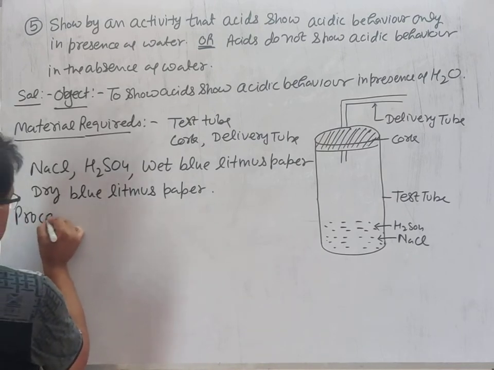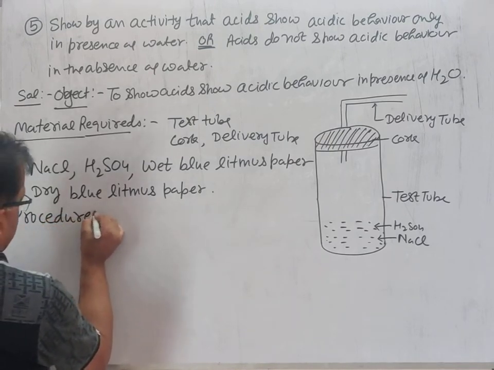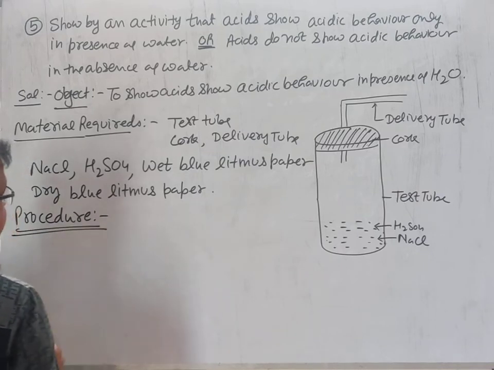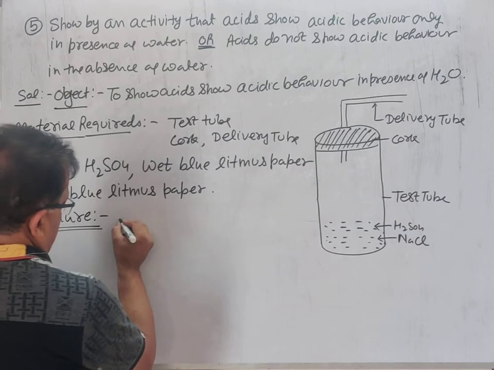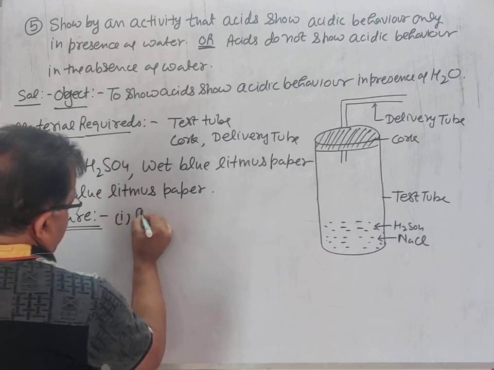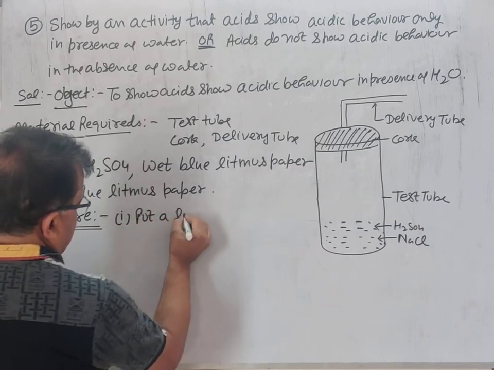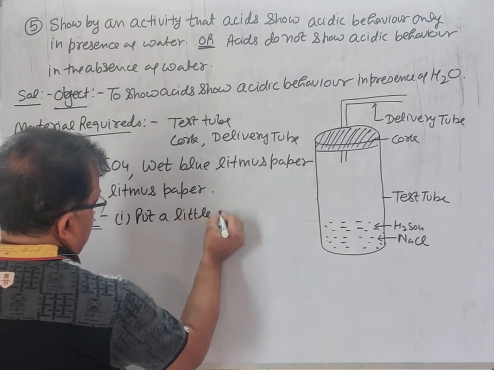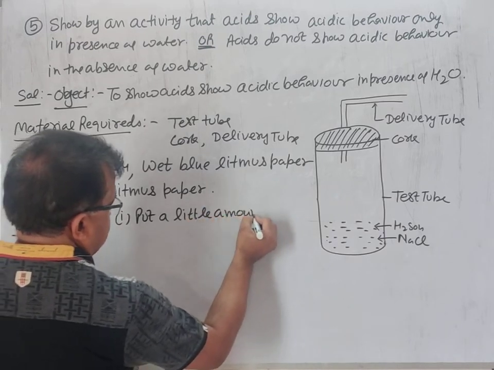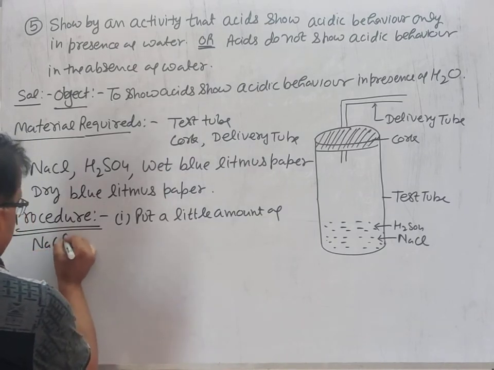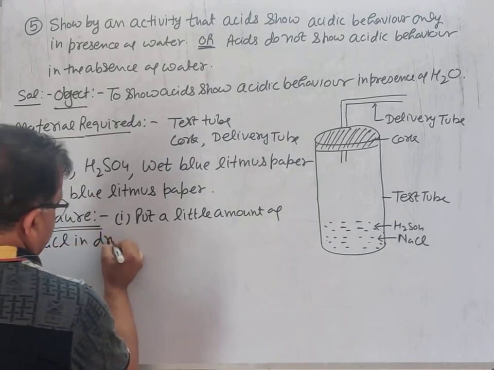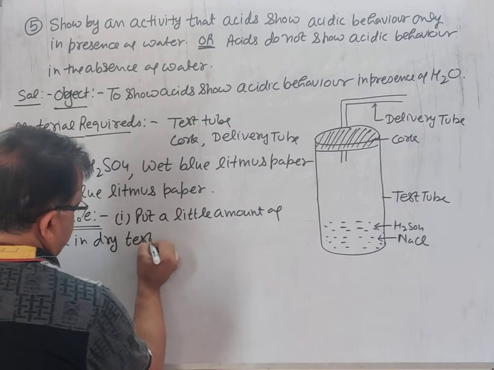Procedure: put a little amount of NaCl in a dry test tube.